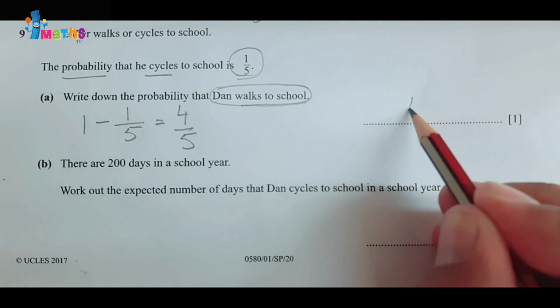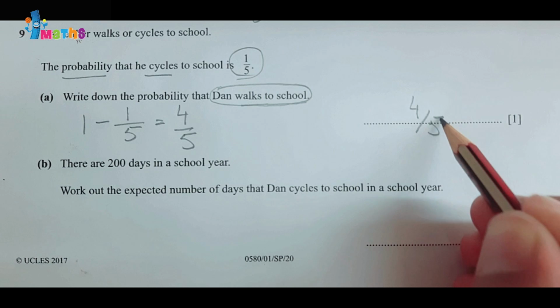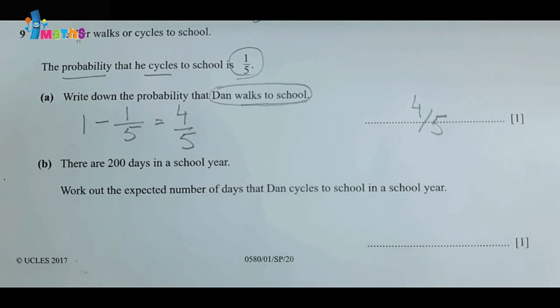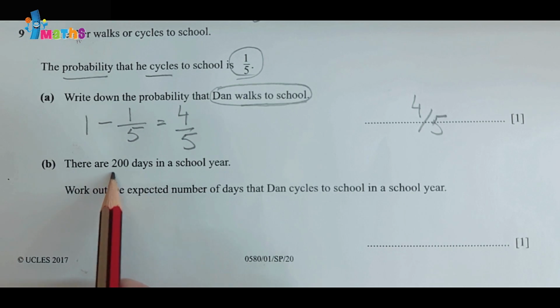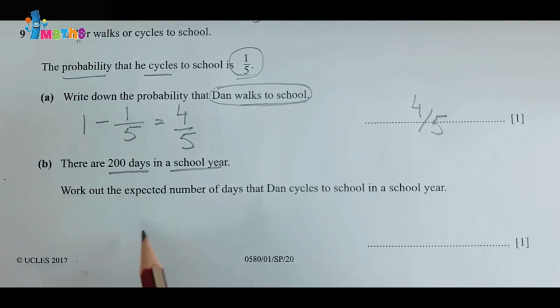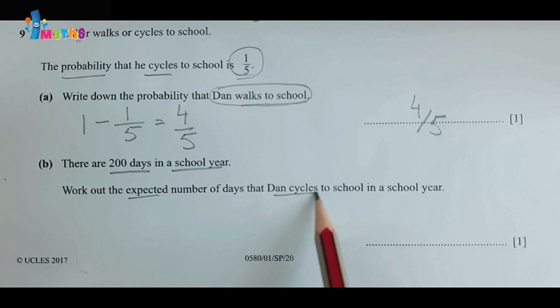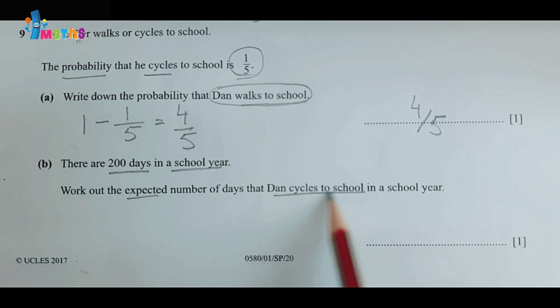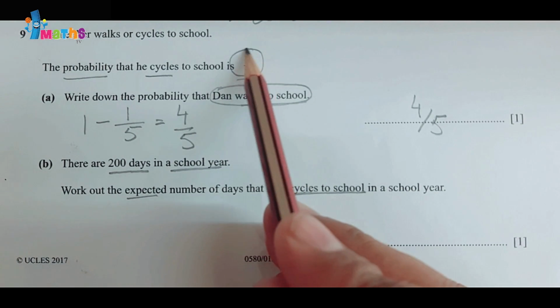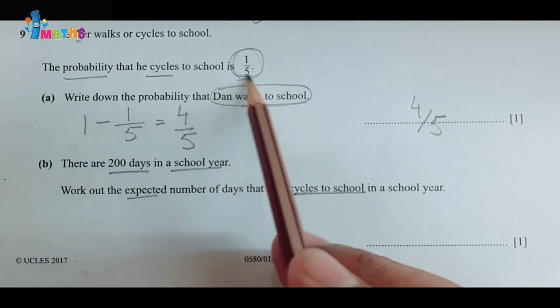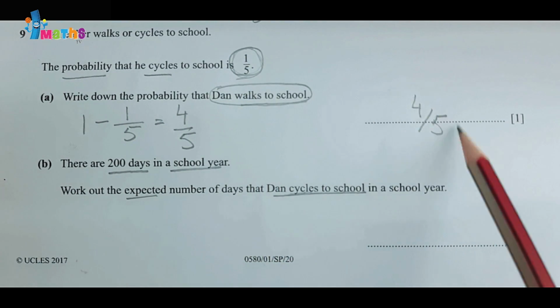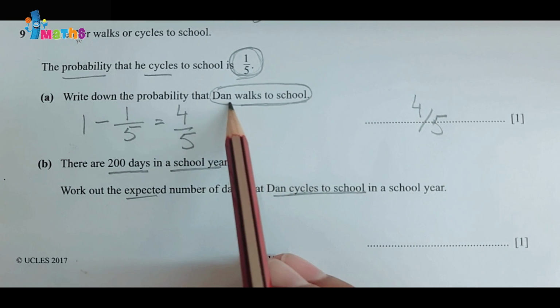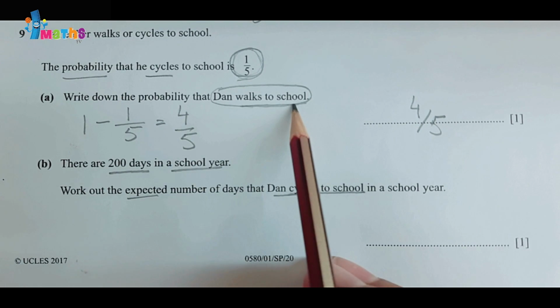So 4 by 5 will be the probability that Dan walks to school. So answer will be 4 over 5. D part: there are 200 working days in a school. Work out the expected number of days that Dan cycles to school. Keep in mind cycles to school is probability of 1 by 5. So we'll have to use 1 by 5, not 4 by 5, because 4 by 5 is probability walk to school.